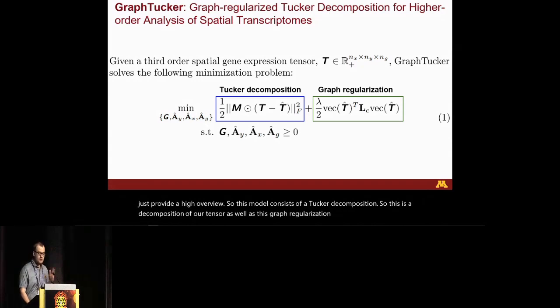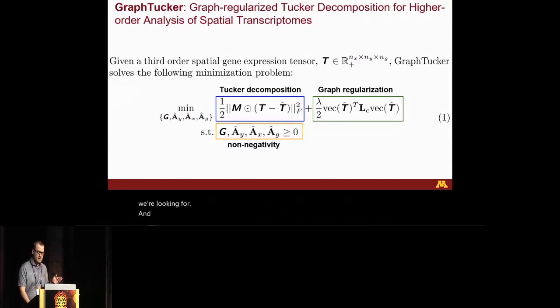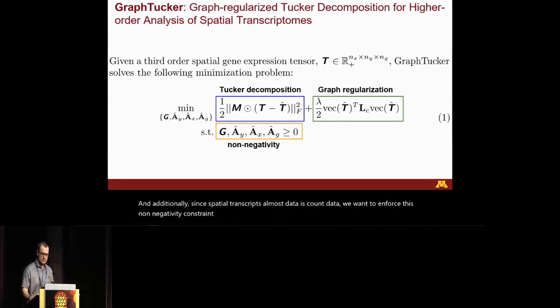The introduction of this graph regularization term is useful because it can help us enforce some important biological and spatial assumptions about the decomposition that we're looking for. And additionally, since spatial transcriptomics data is count data, we want to enforce a non-negativity constraint on the decomposition we're looking for.